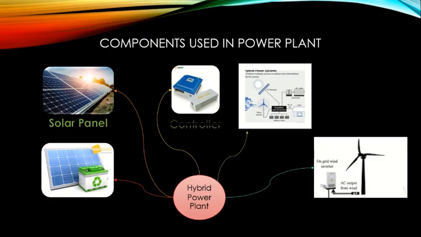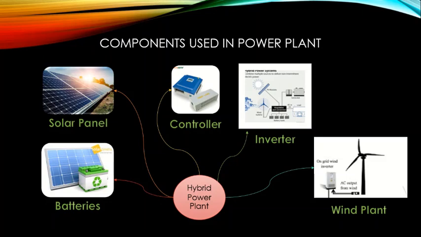Controller monitors the system, starting and stopping the engine as per need. Third one, batteries. Batteries are used to store the energy. Fourth one, inverter. Inverter converts DC power to AC power. And fifth one, wind power plant. It converts wind energy into electrical energy.